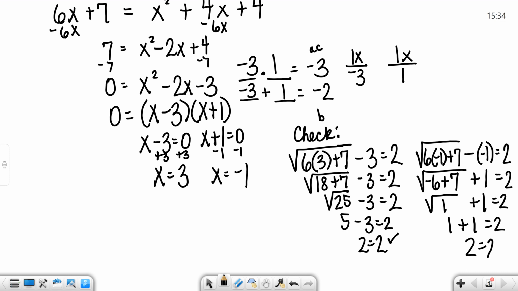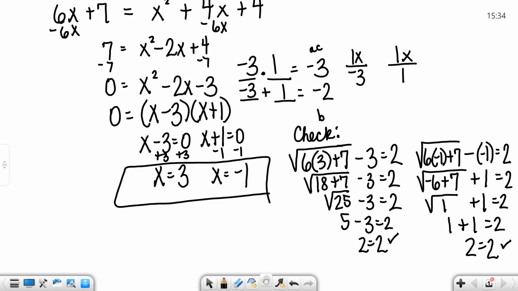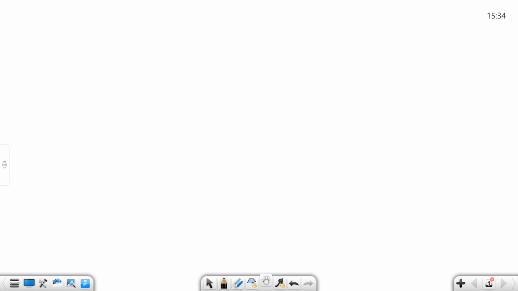And again, this one also checks out just fine. So x equals 3 and x equals -1 are both solutions to this problem. All right, these do work out to be kind of big problems the further we go.